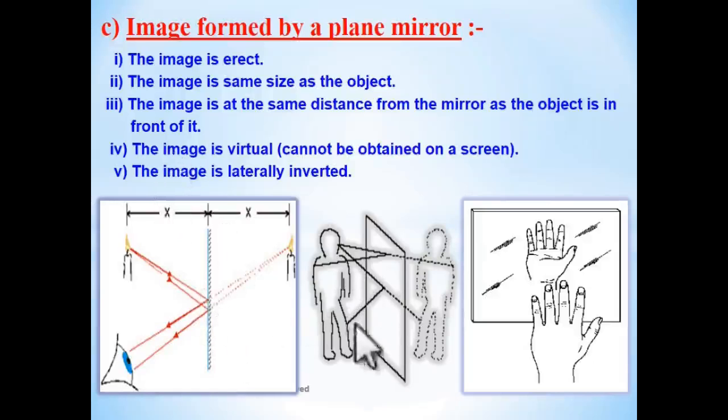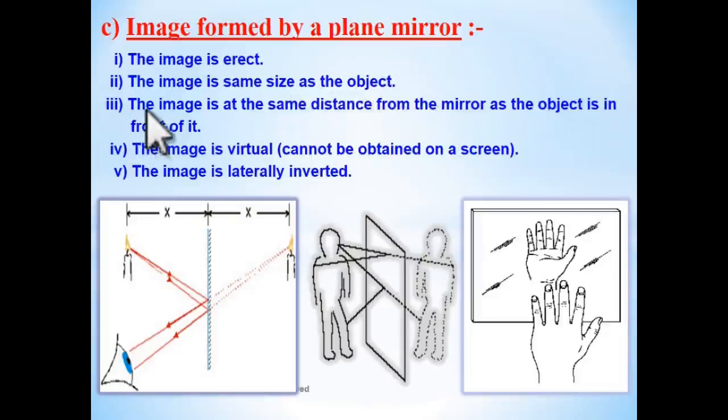The image formation in case of plane mirror will be in this way. The image is erect. If we stand in front of the mirror, the image also will be standing there. The point number 2 is the image is the same size as the object. If the object size is 5 meter, the image size also will be 5 meter.